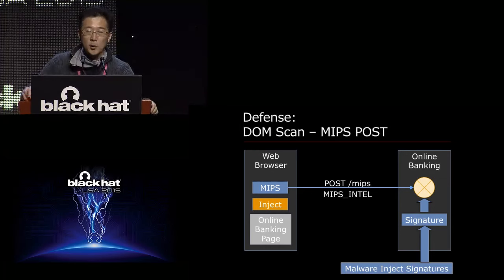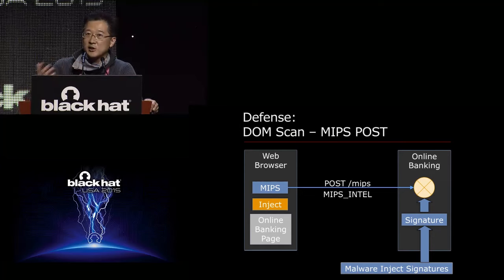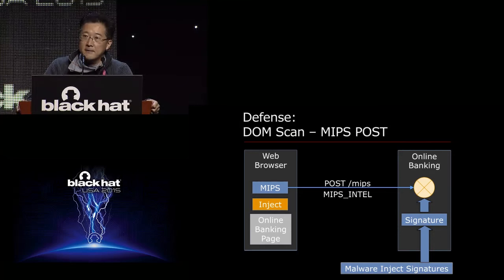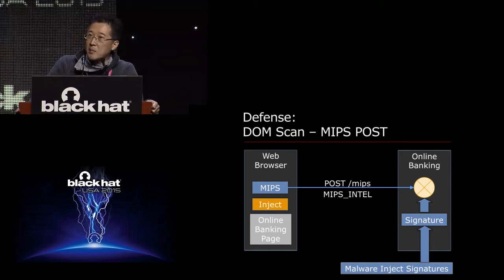So what we can do is simply scan the DOM, because the inject is essentially a piece of JavaScript as well. We simply scan the DOM and see if there's any other script that is not supposed to be there in the page. That's a very simple mechanism to do the detection, and it can still be very effective.